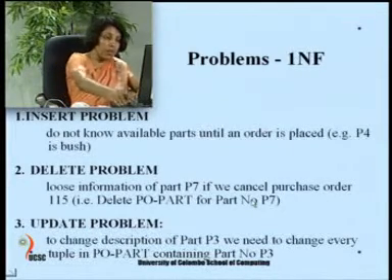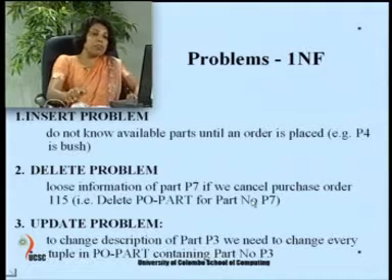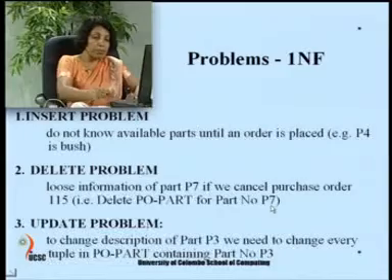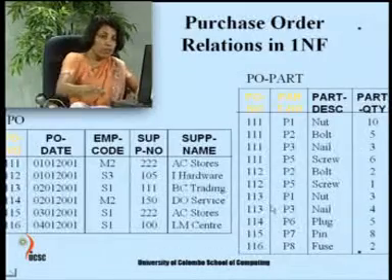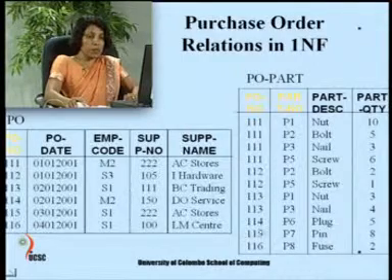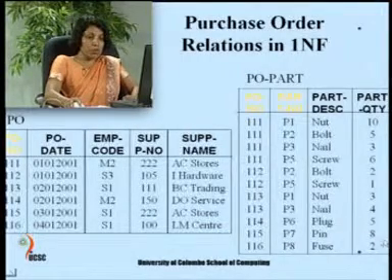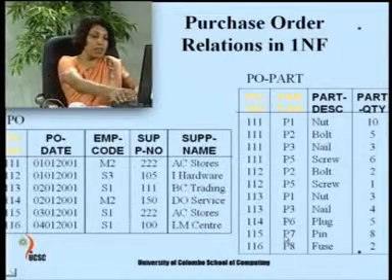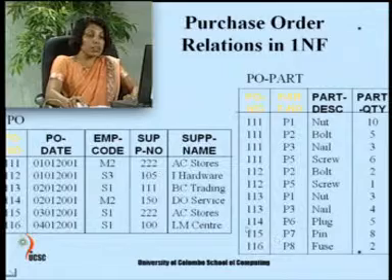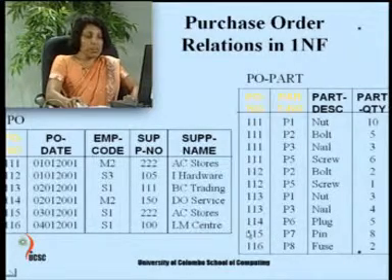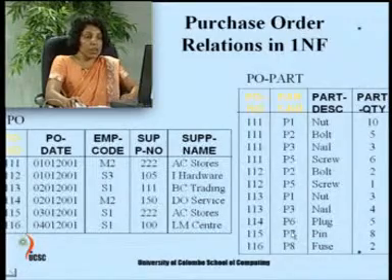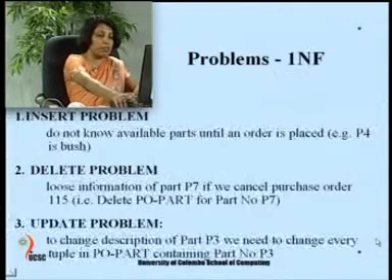For example, if we delete part number 7 from the given relation, you can see that there is only one record with respect to part number 7, and if that purchase order is deleted, then all the information relevant to part number 7 would be lost.